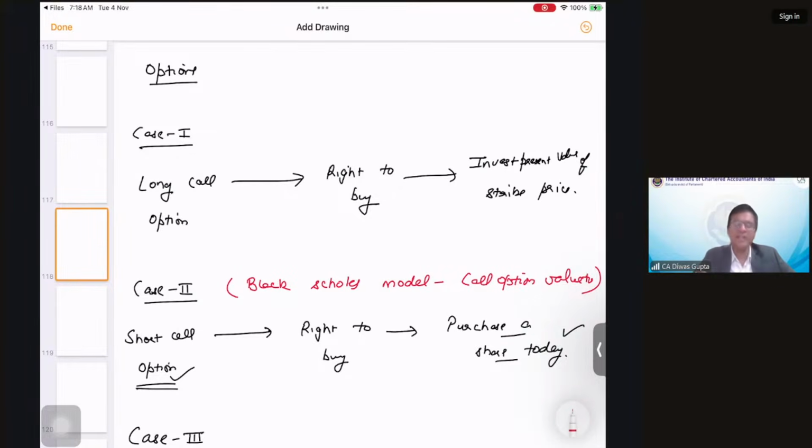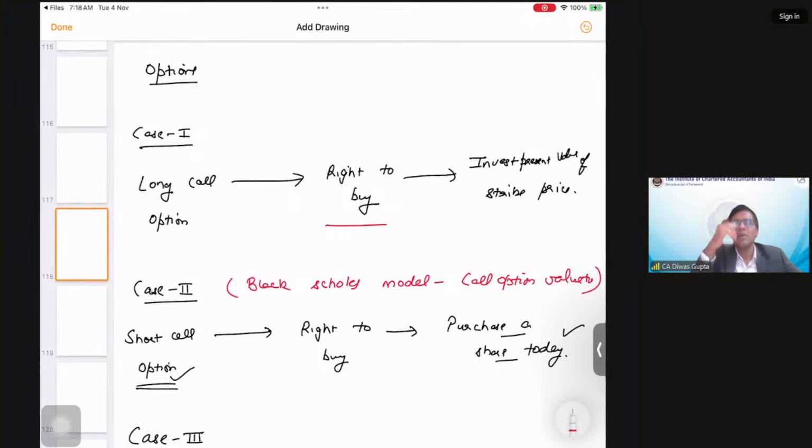The case number one, we said that if we are taking a strategy to long a call option, that means we are purchasing a call option, which is a right to buy. This is a right to buy, right? Now, if this is a right to buy, that means if the option gets exercised, we will have to buy the asset at the strike price.